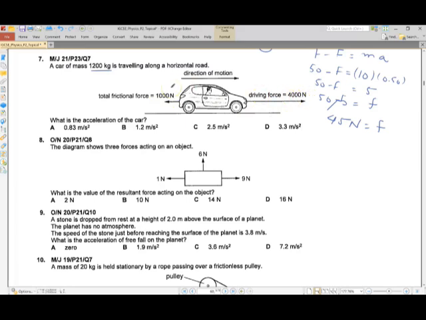So we can always find out our acceleration by our formula, F minus F is equal to ma. So we have 4000 as driving force, 1000 as our frictional force. Mass of the car is 1200 and acceleration is this.